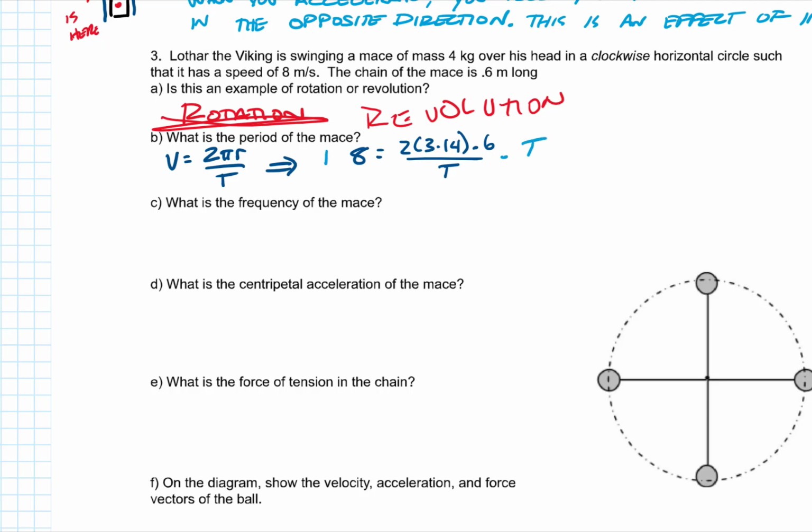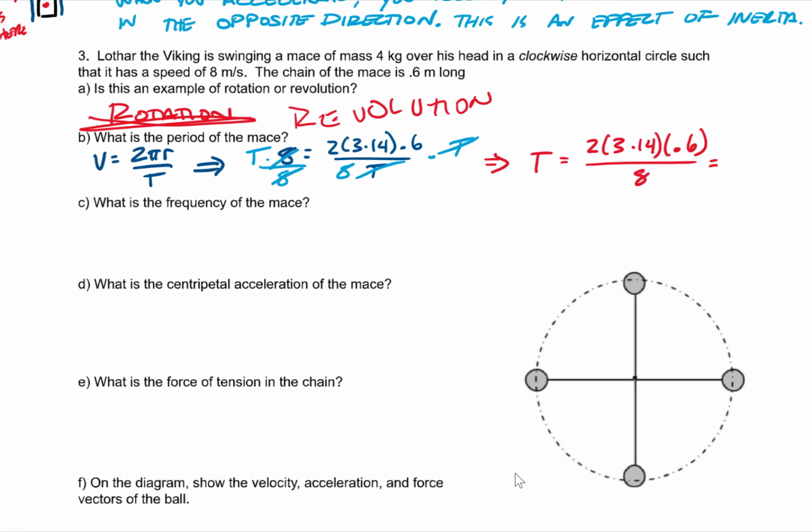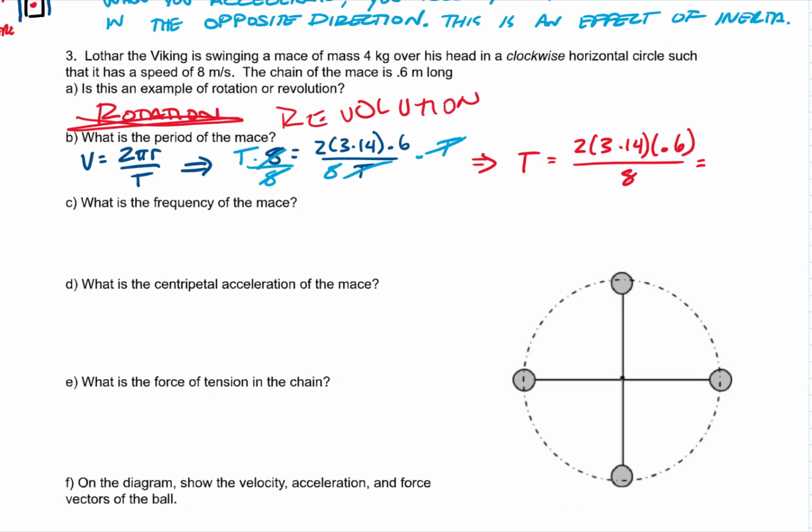So we're going to multiply both sides by the period and divide both sides by 8 to get the period by itself. And we see that the period is equal to 2 times 3.14 times 0.6 divided by 8, or the period comes out to be 0.471 seconds.